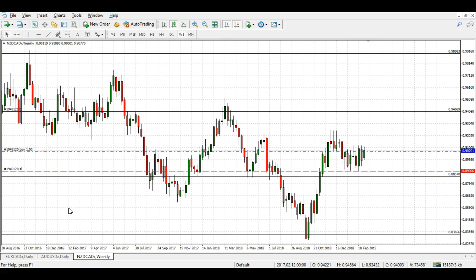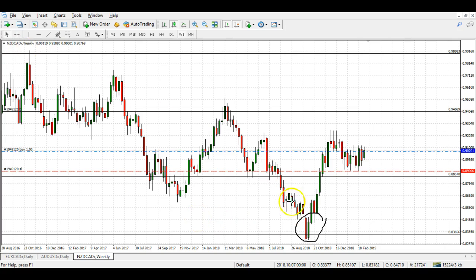I was heavily involved with the New Zealand versus the Canadian before everything started here, when price, back in September 2018, began to change direction. I think this moment here on the bottom was the event signaling the end of a very long downside trend.